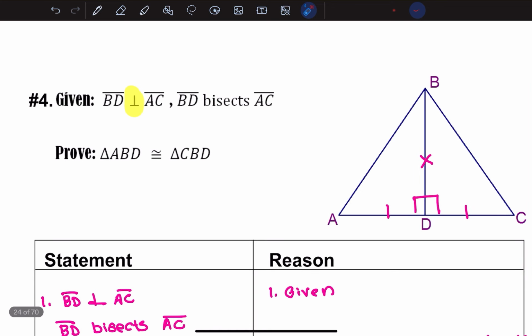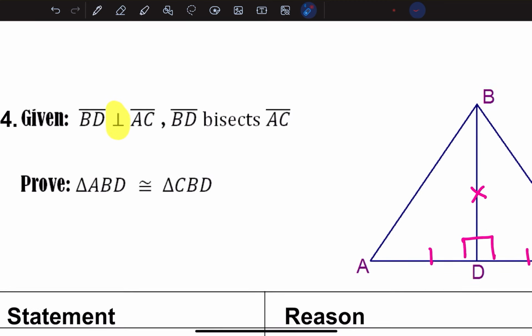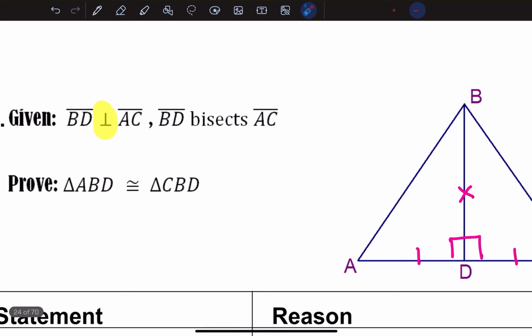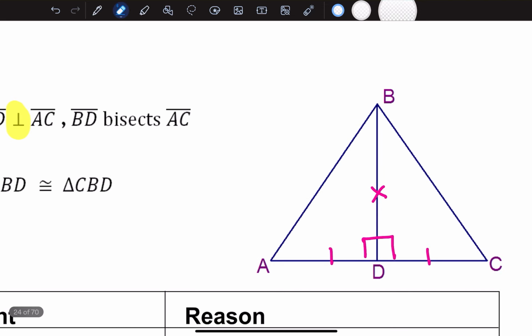For number 4, this symbol again, perpendicular. Make sure you are studying your vocabulary so you know what these symbols mean. So because BD is perpendicular to AC, you have a set of right angles here. Right angles are always going to be congruent, so that's an easy one. You also know that BD bisects AC.